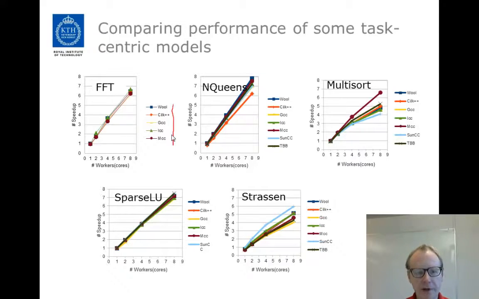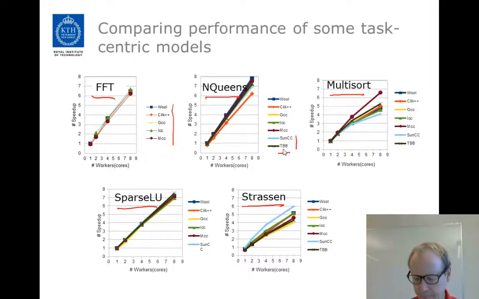Here we have 5 programs: a fast Fourier transformation, the n-queens problem, a sorting application, sparse LU factorization, and Strassen matrix multiplication. Oh, I should say also, for some of these applications, we also have the Sun or Oracle C compiler implementation of OpenMP and TBB here.